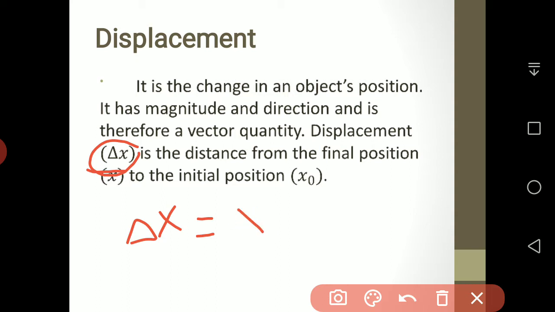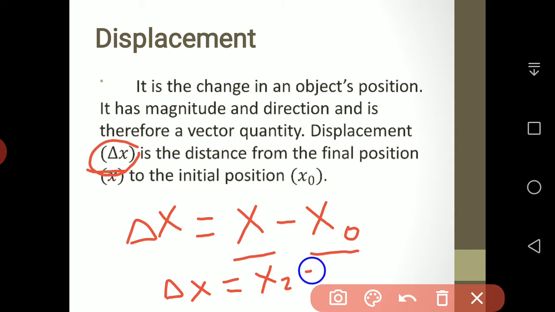So final position minus initial position. Okay. Most of the time, ginagamit natin si x lang as final at si x sub 0 as initial. May mga ibang books din naman kasi na ganito yung pagkakasulat din. X sub 2 si final at x sub 1 si initial.